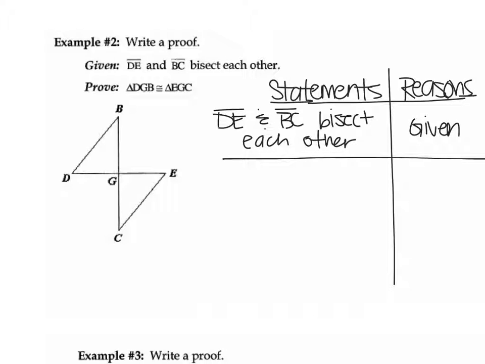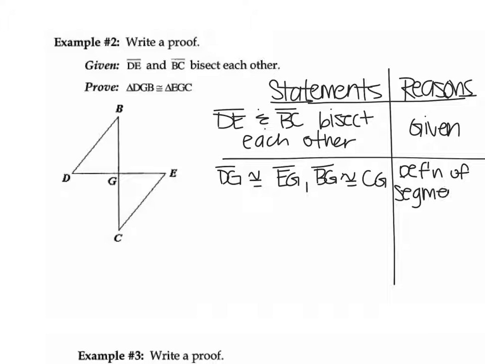So remember, the definition of a segment bisector is that it creates two congruent segments. So I now know that DG is congruent to EG and BG is congruent to CG by the definition of a segment bisector.